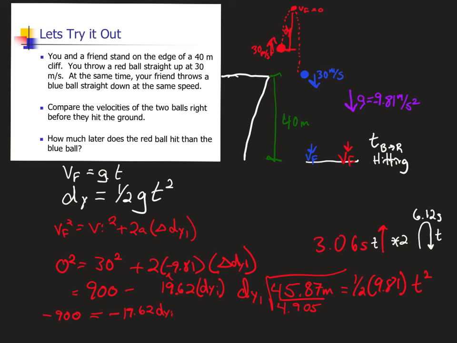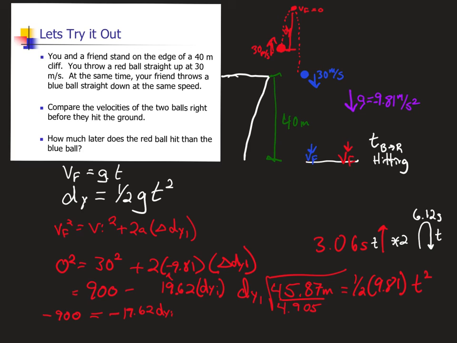The time that it takes for it to fall 40 meters will need to be taken into account in the final velocity. The final velocity for the blue should not be less than 30 meters per second, so we need to make sure and evaluate our answers.